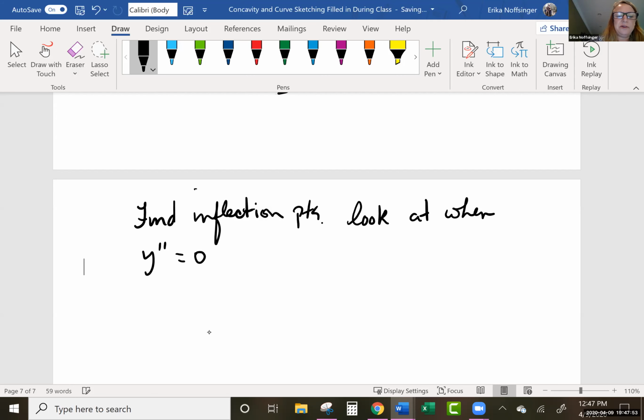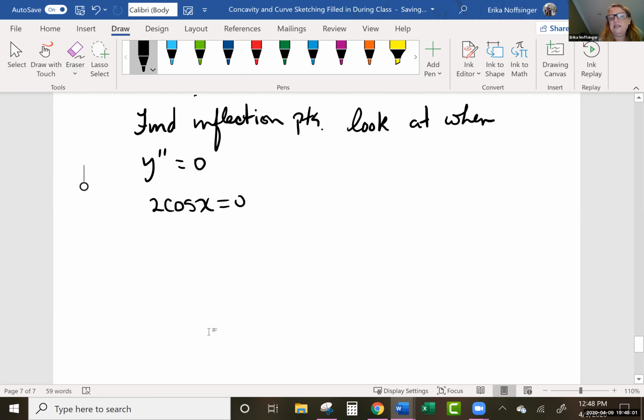And we found that was 2 cosine of x equals 0. So if we divide both sides by 2, we're looking at when is cosine of x equal to 0? Well, cosine of x is equal to 0 on our y-axis, and so that would be when x is pi halves and 3 pi halves.